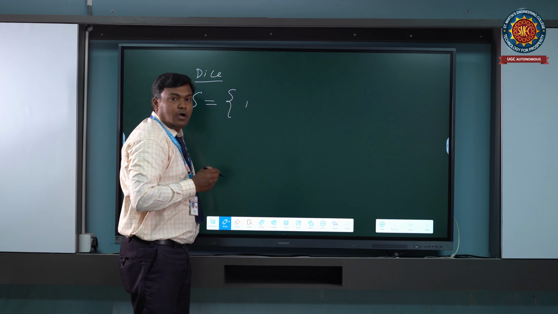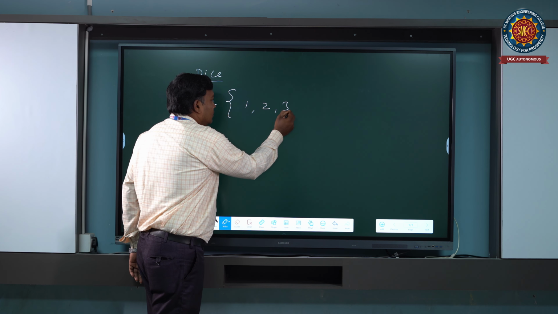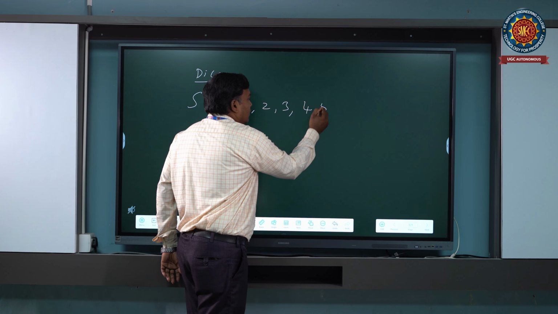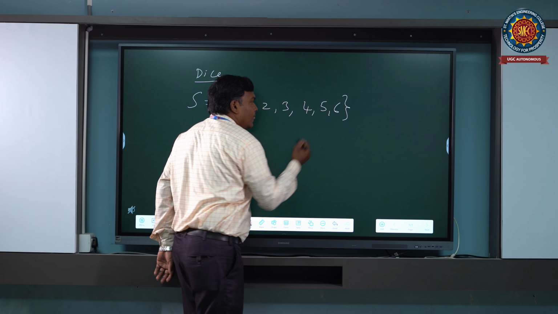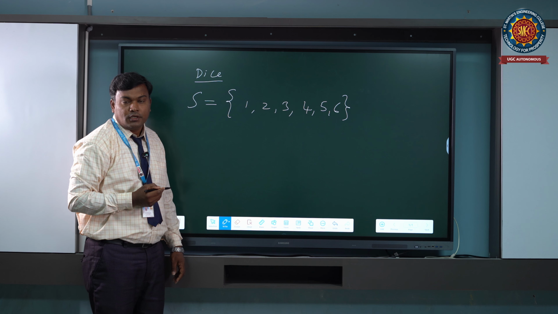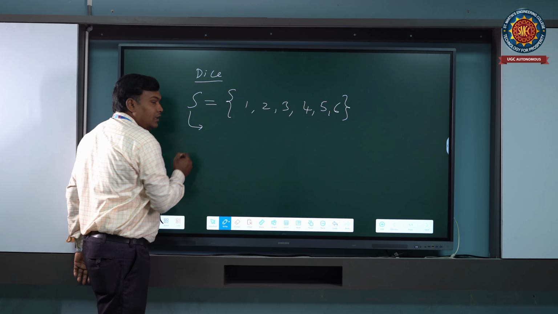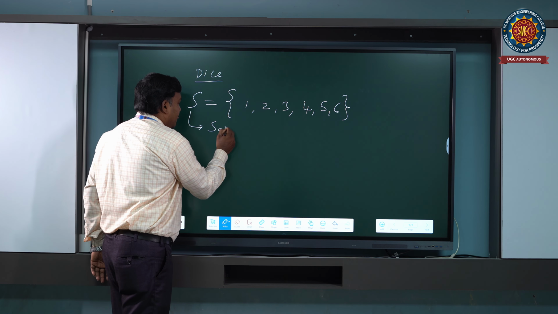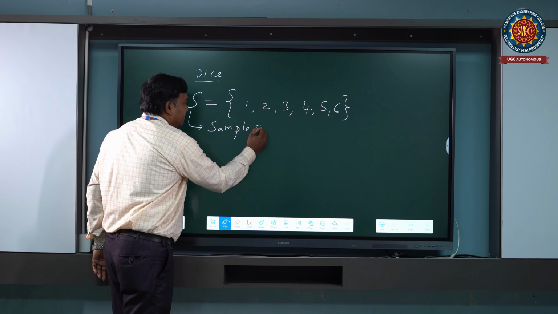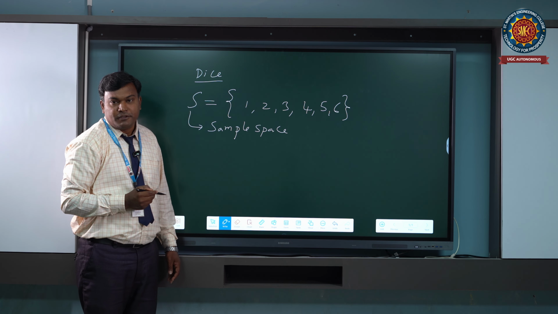The outcomes of this dice are represented by 1, 2, 3, 4, 5, 6. These are the outcomes of throwing a die. So this S indicates sample space.